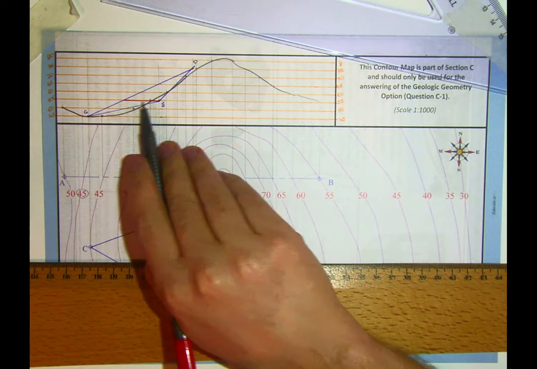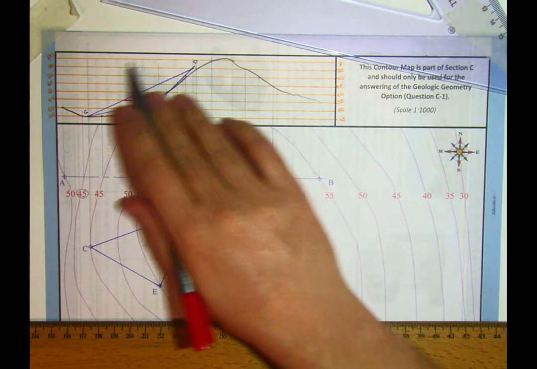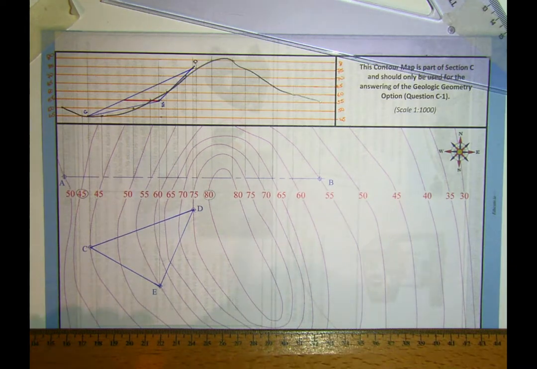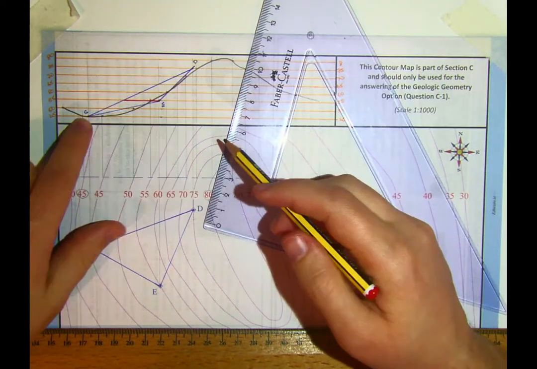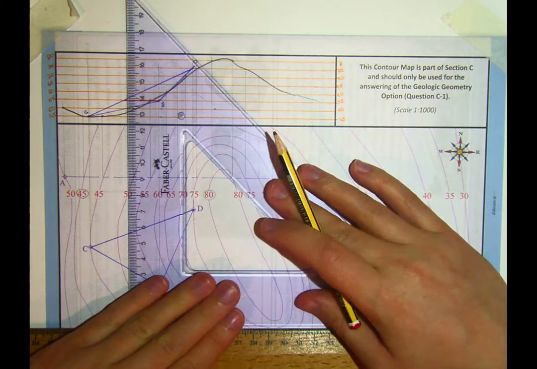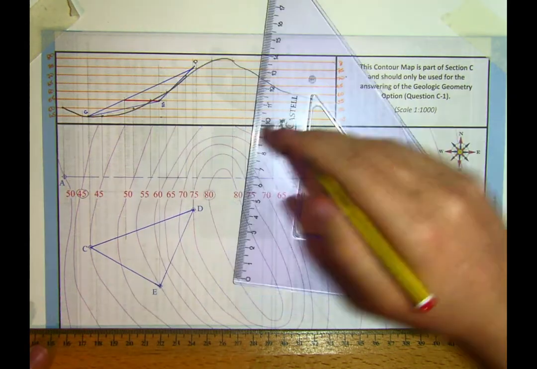So it's this red line here. If I was to do it from C, it wouldn't hit the other side. D, the same, wouldn't hit it. So now we're going to locate the point along CD where that horizontal line cuts through it, and that gives us this point here.